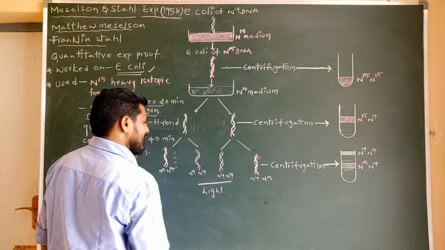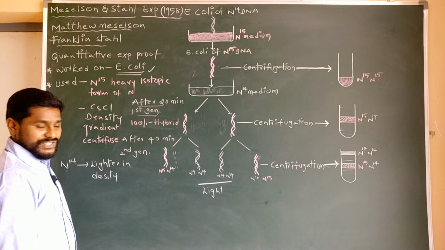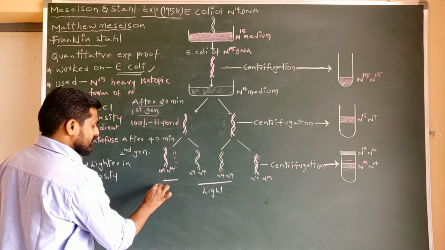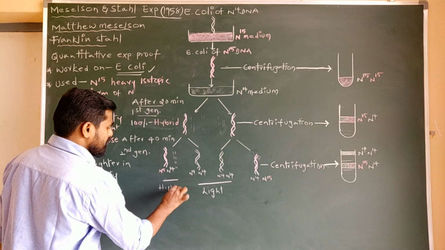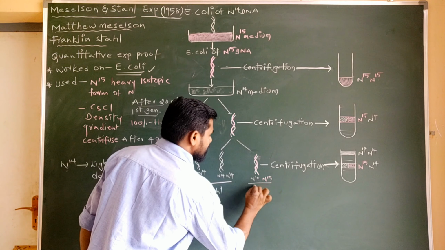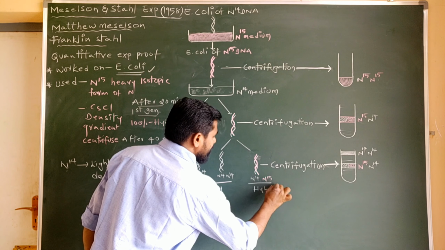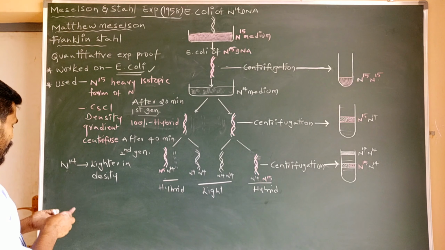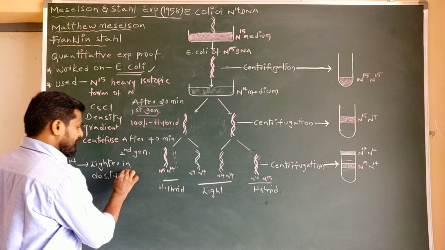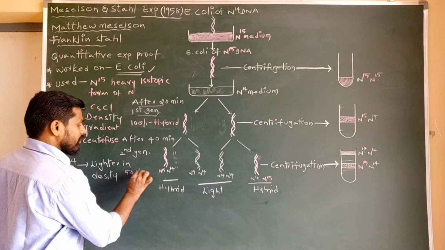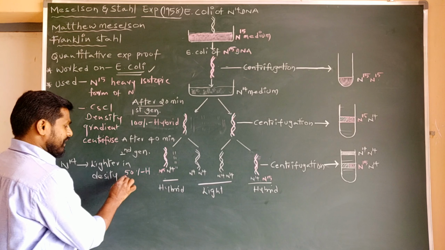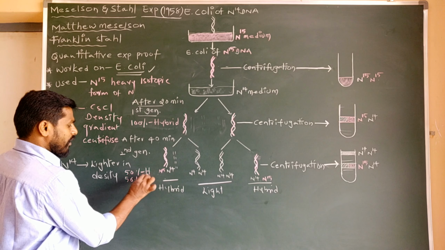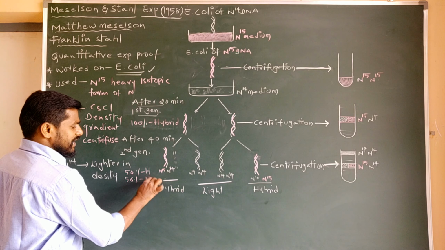Light DNAs, light in density, and the 2 E. coli cells are having hybrid DNAs. Hybrid DNAs like this. Okay. Here also, what they got? 50% of hybrid DNA and 50% of lighter DNA.